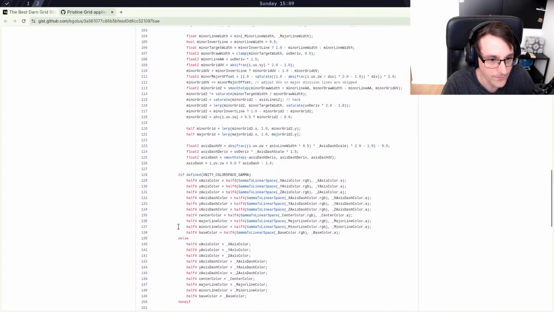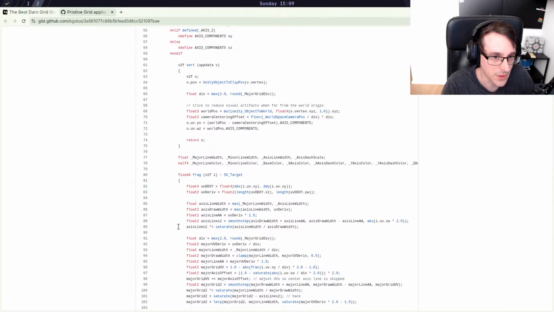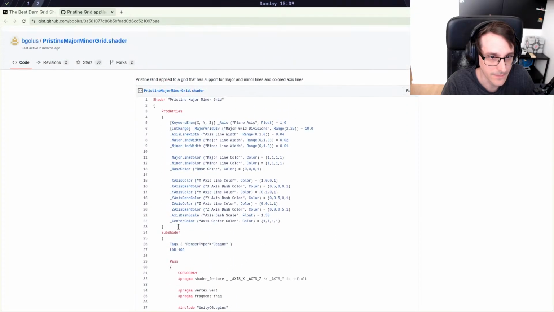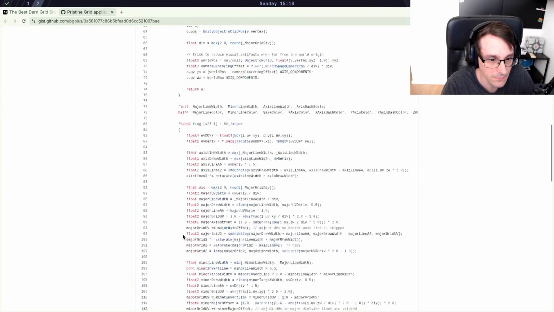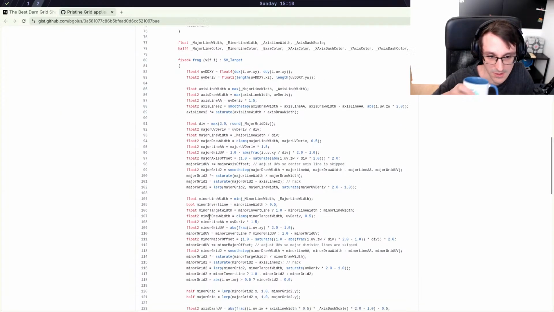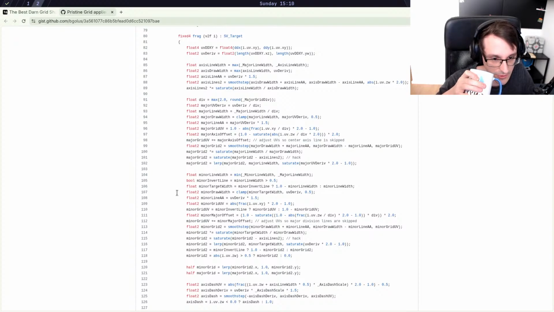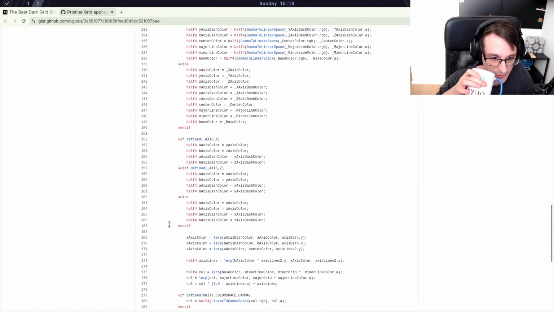So yeah, we're going to take a look at that again. And we will probably take this shader more or less one-to-one and convert it to another Onyx Engine shader.